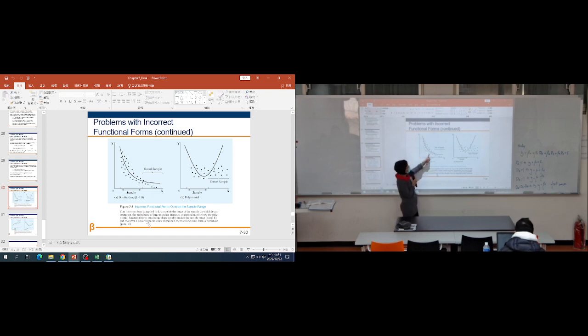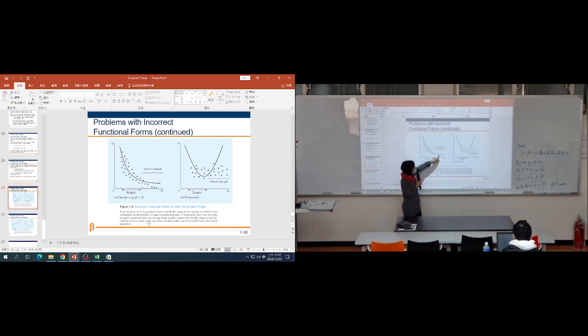So if I use the double log to be the functional form, then look at this one. Those data which are out of the sample, if this function is correct, this part can become the forecasting. So if my equation is like this one, my forecasting is all on the curve, and those dots are my original observations.